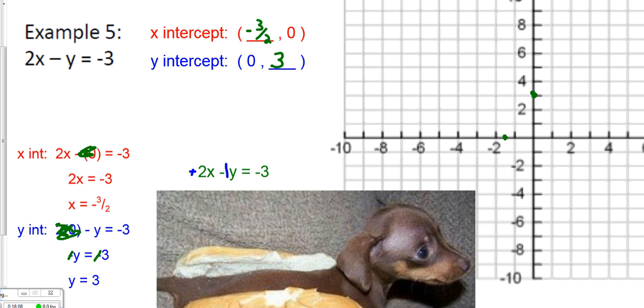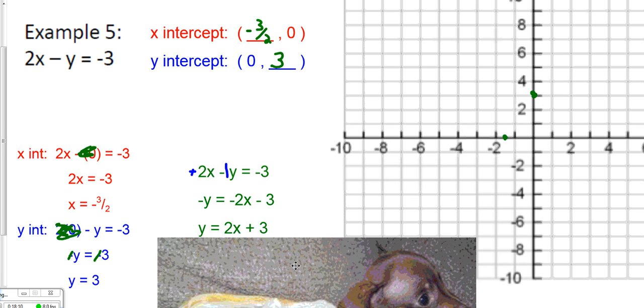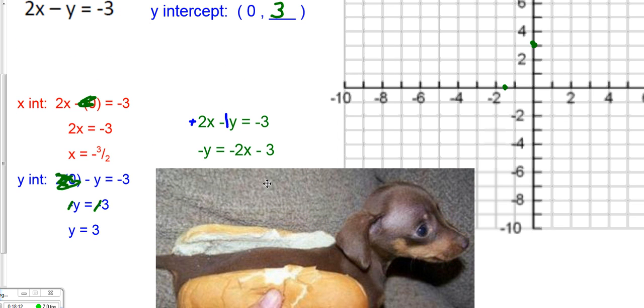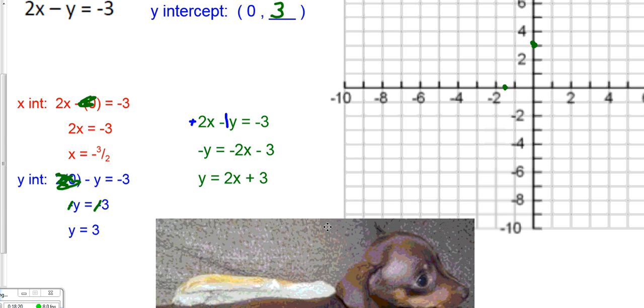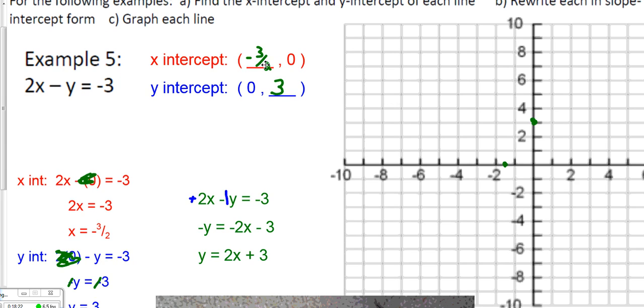Okay, so to work our way backwards, we need to subtract 2x from both sides. So negative 1y, or just negative y, equals negative 2x minus 3. And then divide by that negative 1. We'll get it all by itself. So y equals 2x plus 3.